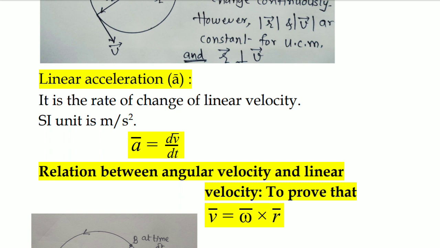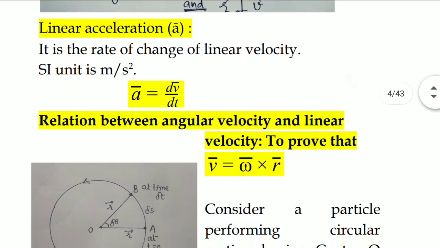The next term for us to know is linear acceleration. It is defined as the rate of change of linear velocity, as we have been defining earlier in our earlier standards as well. The SI unit of acceleration is meter per second square.